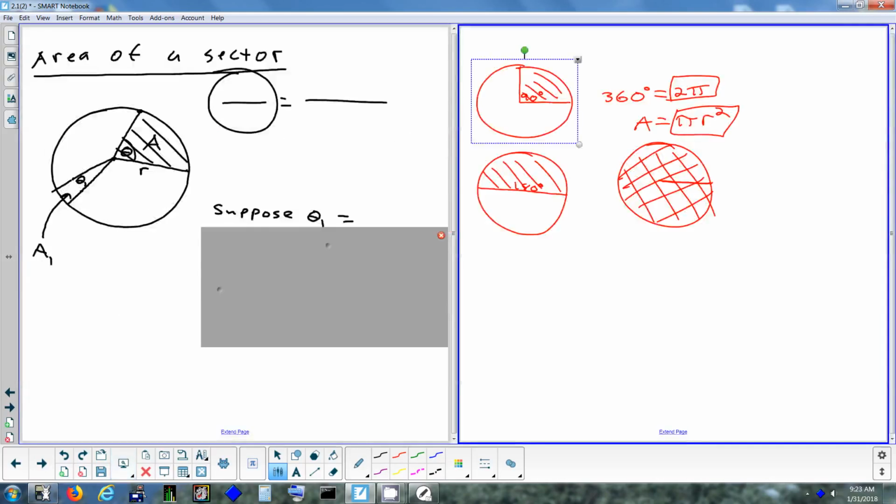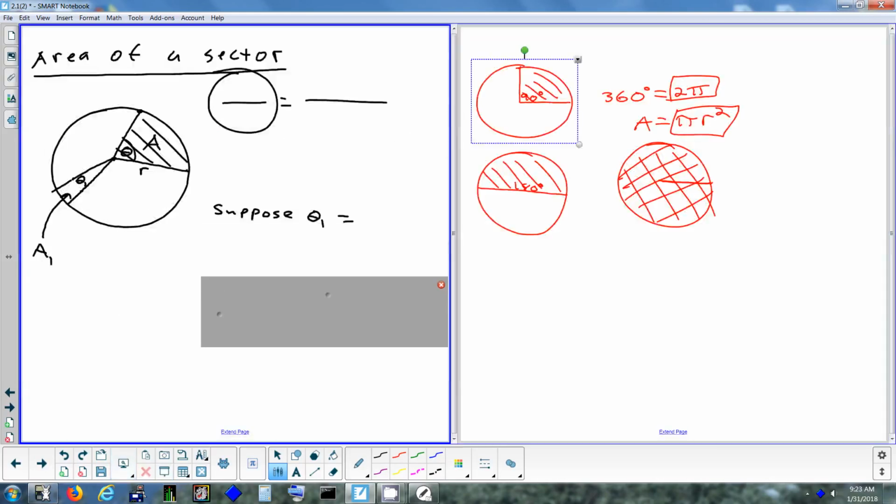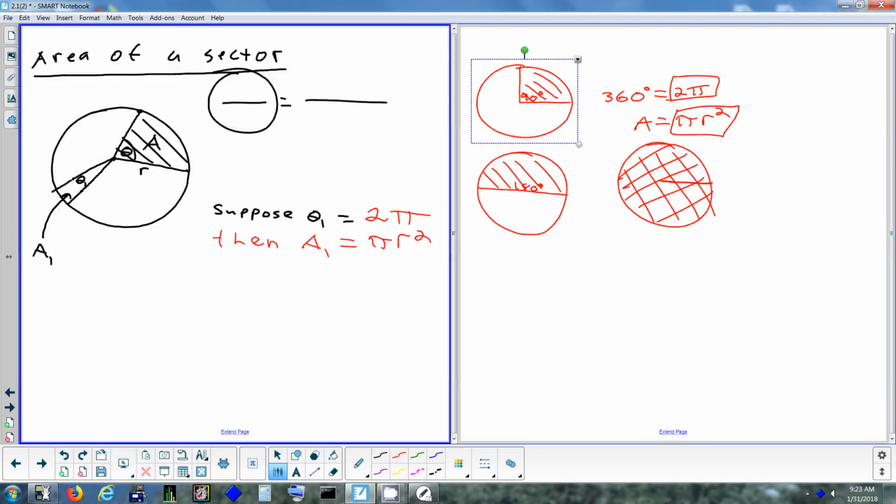So let's set up a proportion and see if we can solve it. So we're going to suppose that the angle is so big, it takes up the whole thing. And if it does, then the area covered would be pi r squared. Now, if you didn't know the formula for the area of a circle, then you're kind of stuck.